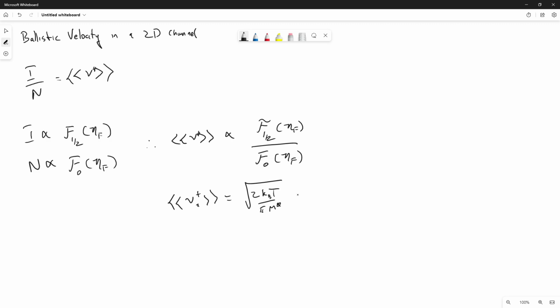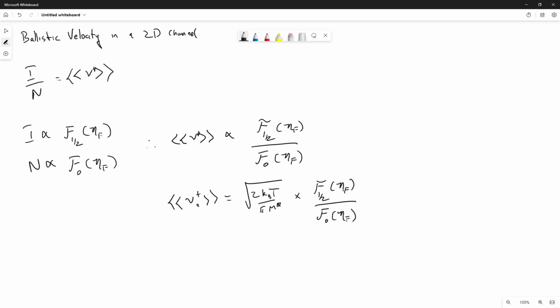Because of that, you can make this approximation into the ratio of the Fermi-Dirac integrals, F half of eta F divided by F0 of eta F.